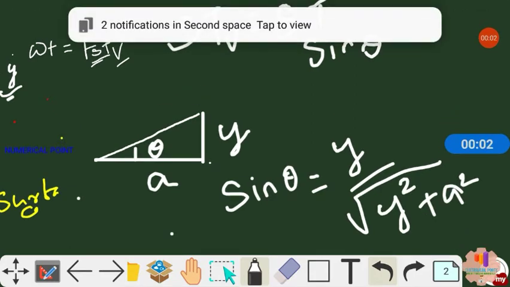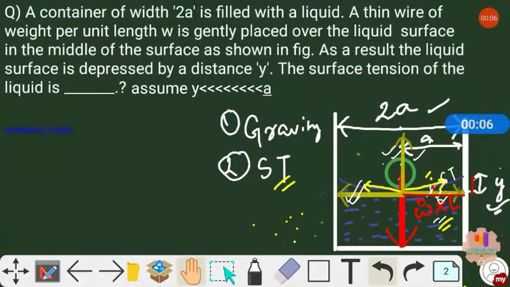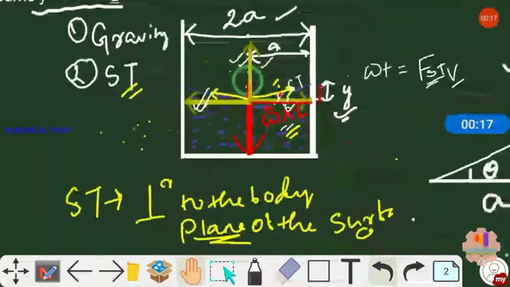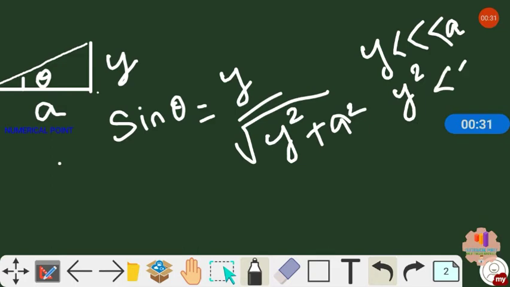In the question, it is given that y is very much less than a. So let's use this data in our sin theta. If y is very much less than a, then certainly y squared is very much less than a squared.